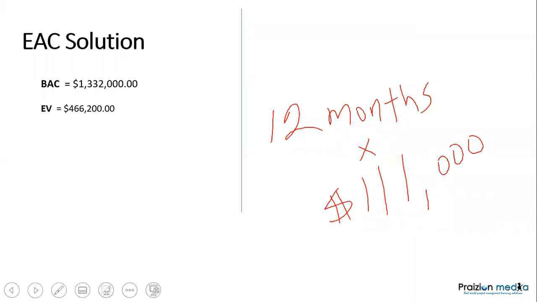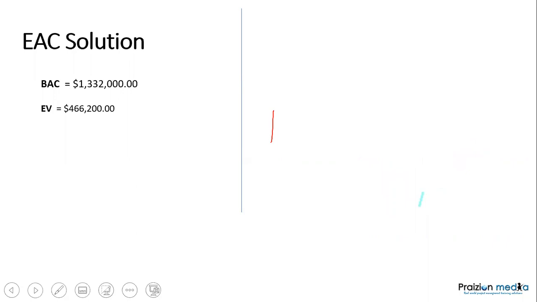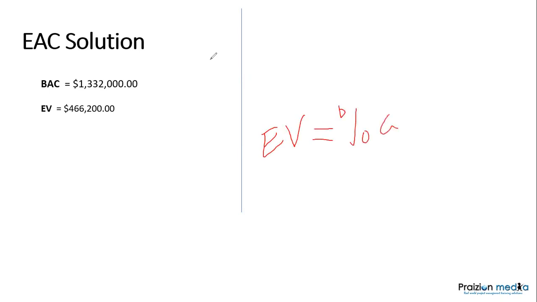The earned value was found by manipulating the formula that's in the PMBOK guide, buried somewhere, but it is earned value is equal to percent complete times your budget at completion.